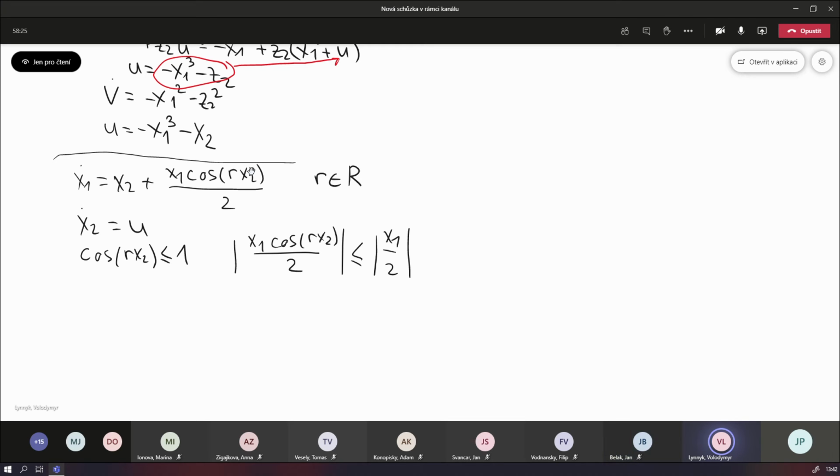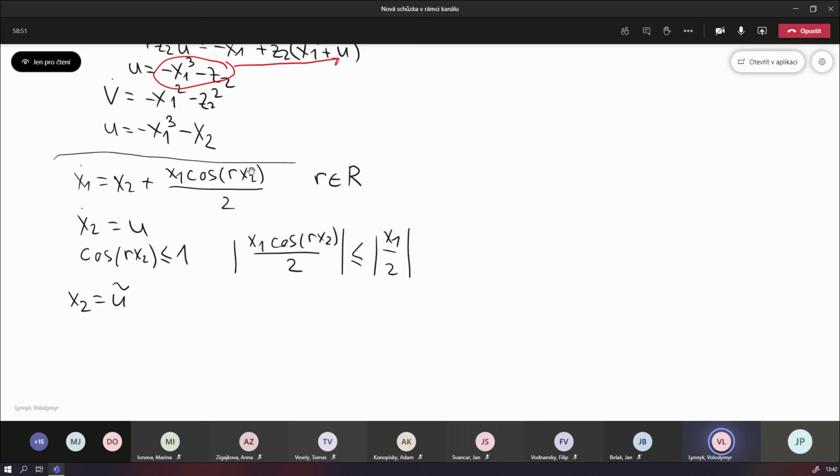Now we start with the first step: we need to choose some virtual control. We take this x2 like a virtual input.